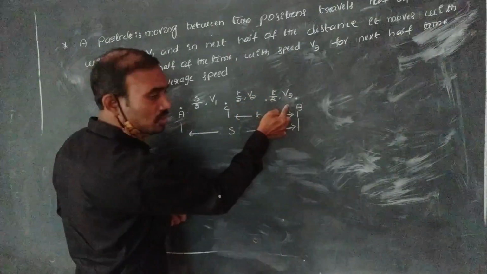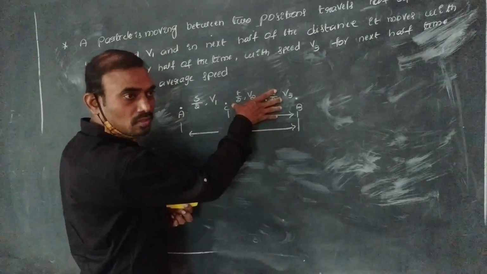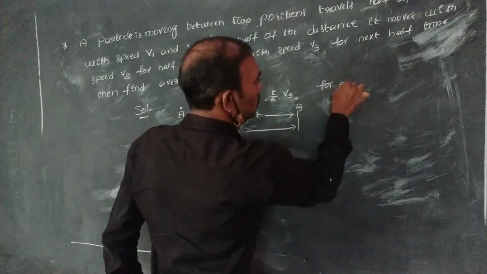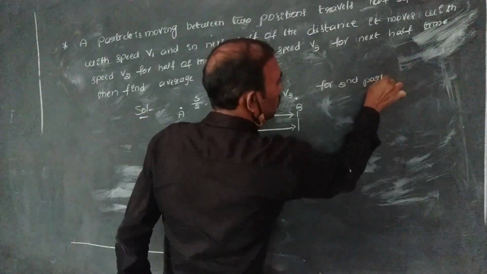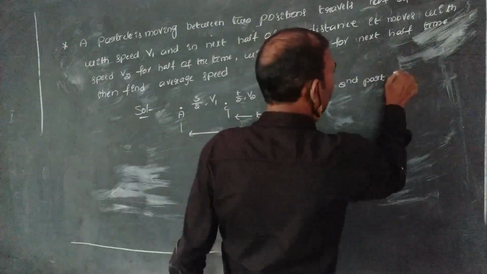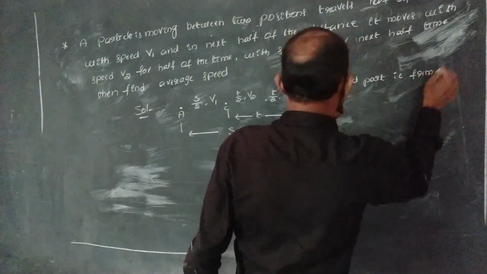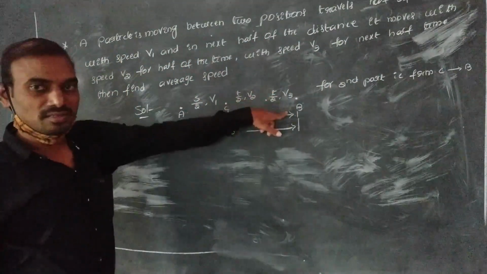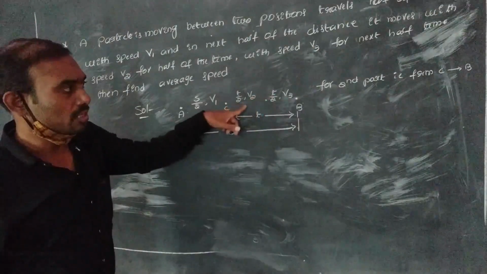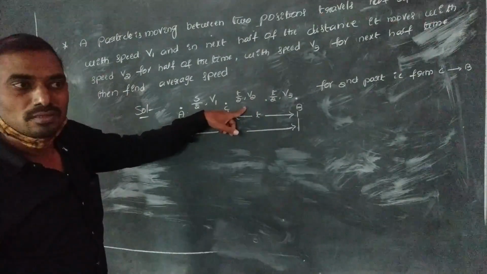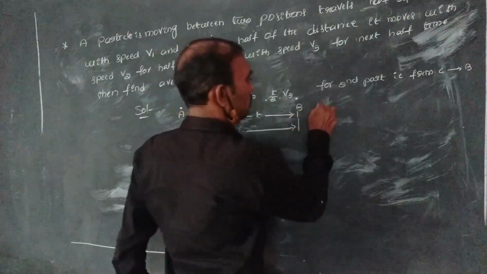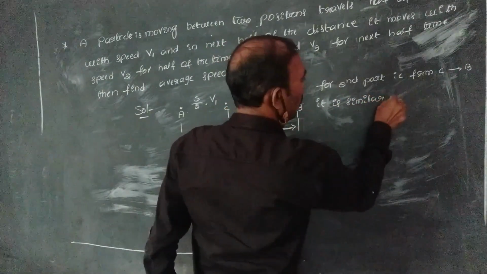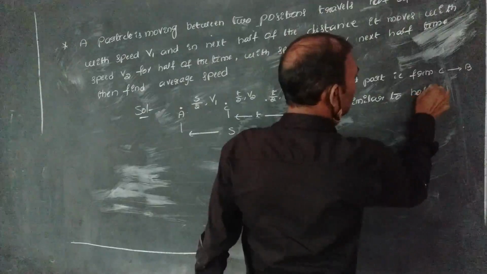For the second part, that is from C to B, it is similar to the half time period method.